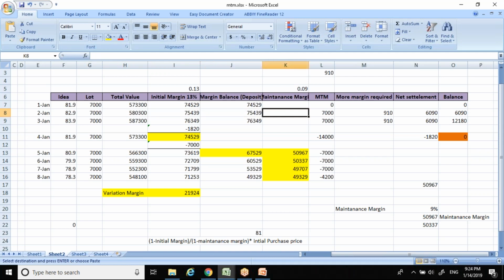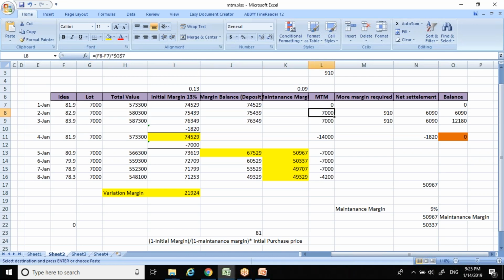I don't have an account balance of anything, so how do I pay the difference of around 910? Basically, what happens on the second day is the price increased by 1 rupee. One rupee per share, and you had a contract size of 7,000, so you made a profit of 7,000.